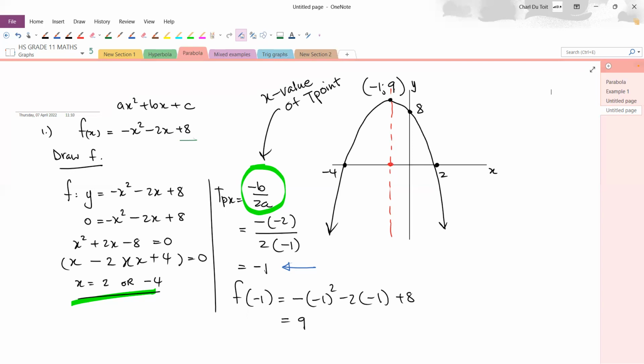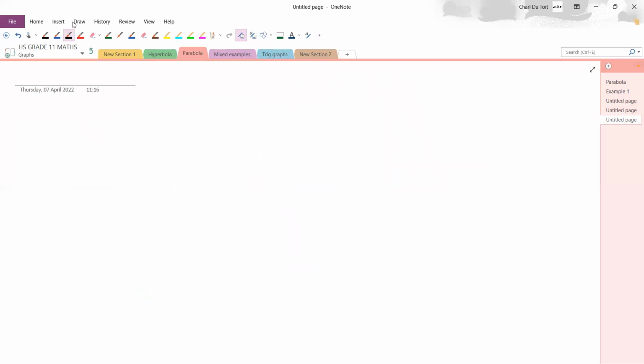Good. Okay, awesome. Right, you're going to do the next one on your own. g of x is 2x squared plus 7x minus 4. Draw that graph.